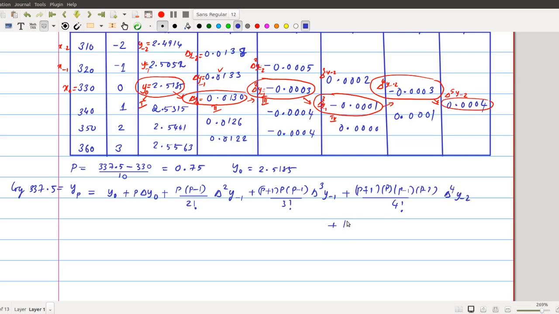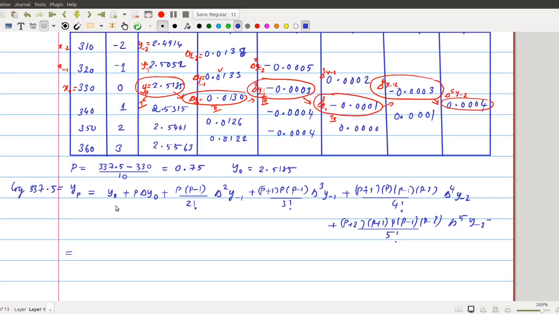The last term we have p plus 2, p plus 1, p, p minus 1, p minus 2 divided by 5 factorial delta raised to 5 y minus 2. Here we have only this much step, so this is the value of this.